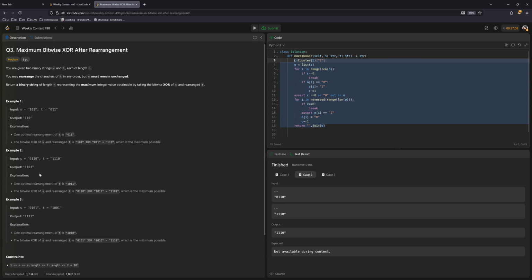Okay, we have to figure out what the logical reason was that we didn't flip that. It's because we had too many ones. That's what the problem was. If T has more ones than S has zeros, then we have to be smarter about it.